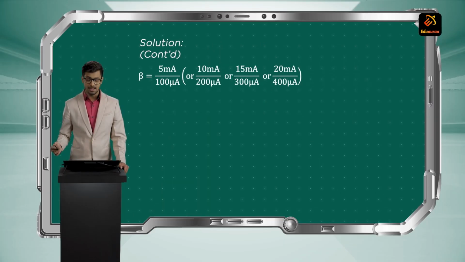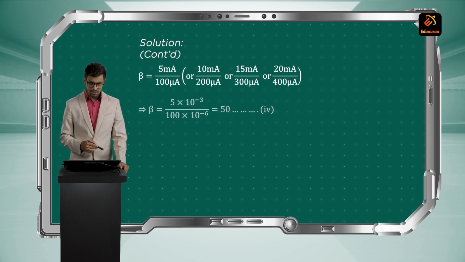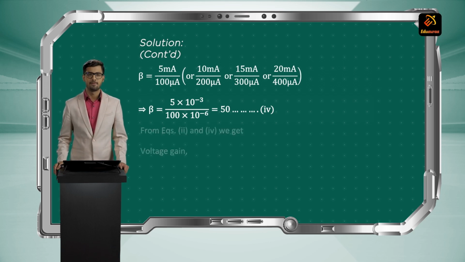So we can take 5 divided by 100, or 10 divided by 200, or 15 divided by 300, or 20 divided by 400. Any of these divisions gives the value of beta. So beta comes out to be 50.